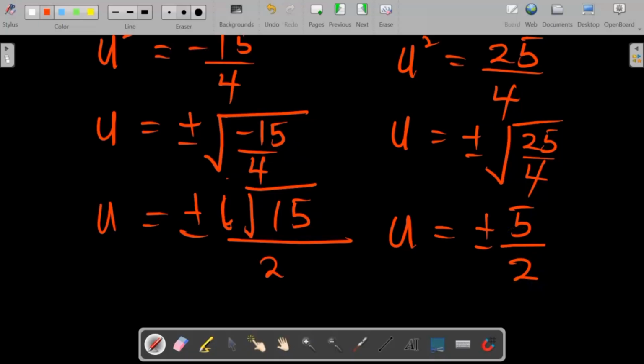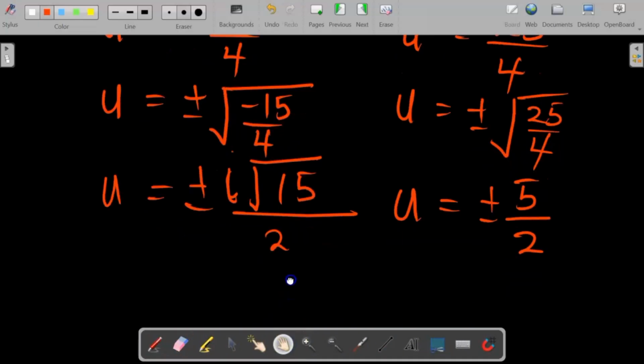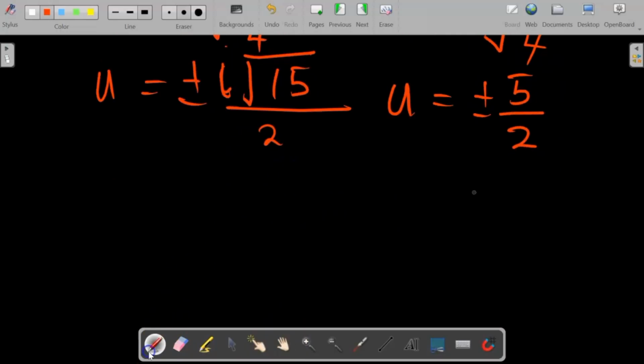Now, remember the equation never gave us u. Remember, we said let x be equal to u minus 1.5.